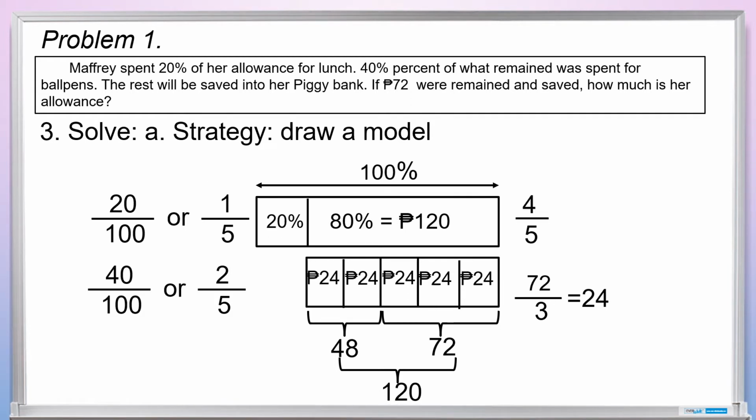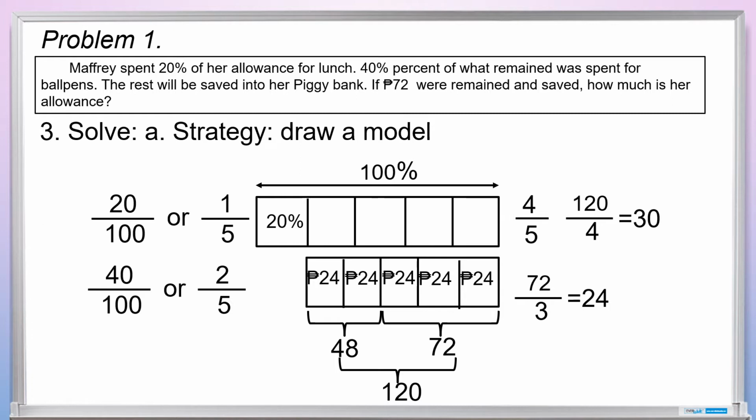Again, 80% equals 120 equals 4/5. To get the value of each part, we will divide 120 by 4. So 120 divided by 4 equals 30. Let's divide also the region by 4.